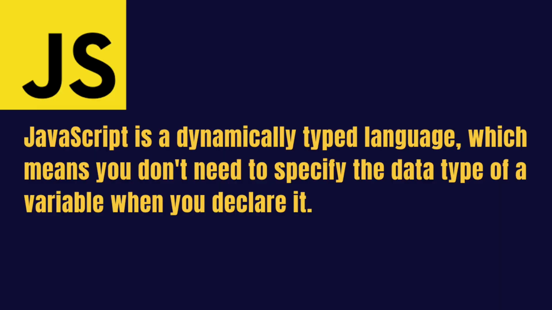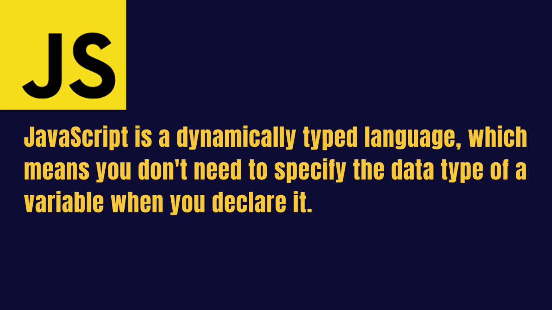We should also mention that JavaScript is a dynamically typed language. There are some other languages that are statically typed, and this is what it means for JavaScript to be dynamically typed. When you declare a variable, say let age equals 42, you don't have to tell JavaScript that 42 is a number data type.